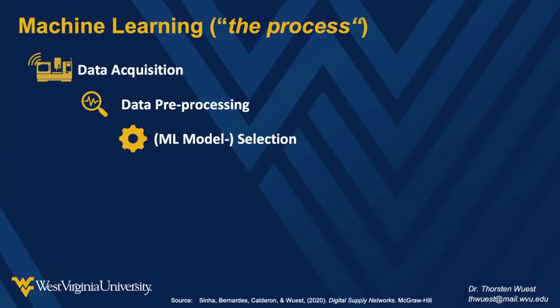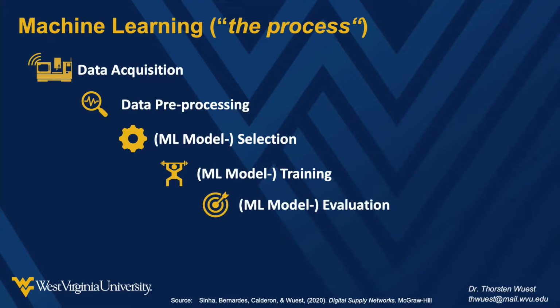Then we have a bunch of different machine learning models and algorithms available nowadays, very conveniently in Python or other software, that we can apply to our problem. We have to train our model to make sure it can do the prediction that we intend. Once we have the first iteration of our model, we have to evaluate whether it really does what we want it to do.